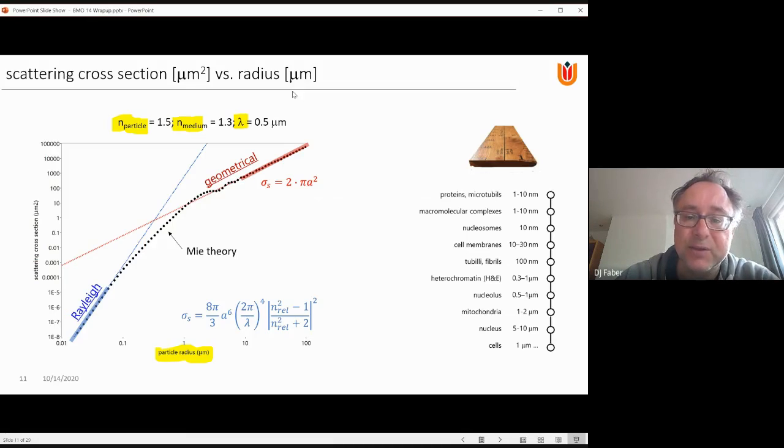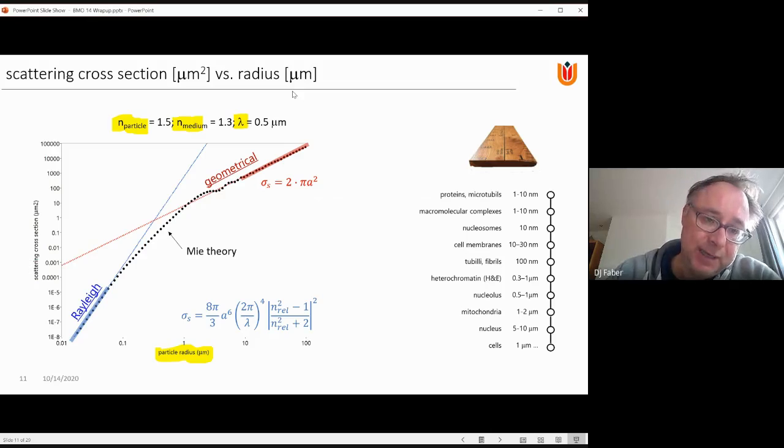And in between the dots is the Mie theory, which, as you can see, overlaps nicely with both regimes, just as long as the particles are spherical. Highlighted are the inputs, so what you need in order to use any of these theories to calculate. That's the size of the particle, the radius. It is the wavelength of the light, in this case 500 nanometers, and it is the refractive index of both the particle and of the medium in which the particle is suspended.